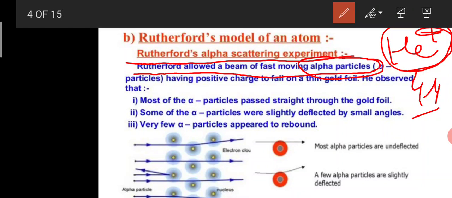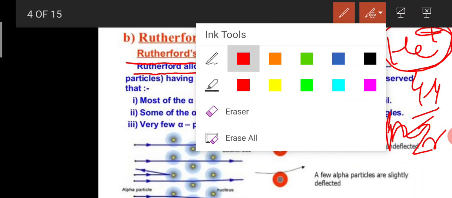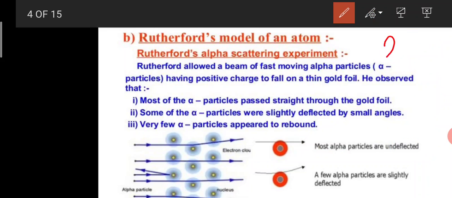This alpha particle contains 2 protons and 2 neutrons. It does not contain any electron.